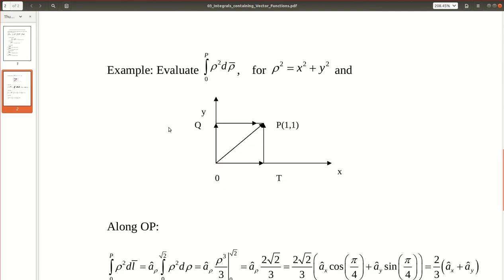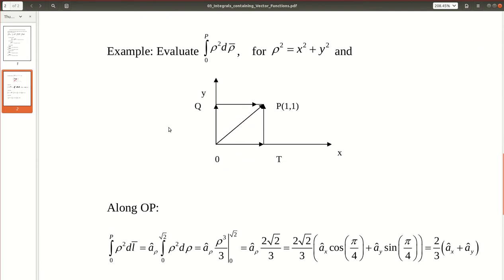Now let's take an example. If I have this O, Q, P, T, and I have a point P at (x1, y1) = (1, 1), we want to evaluate the integral from 0 to P of rho squared d rho.